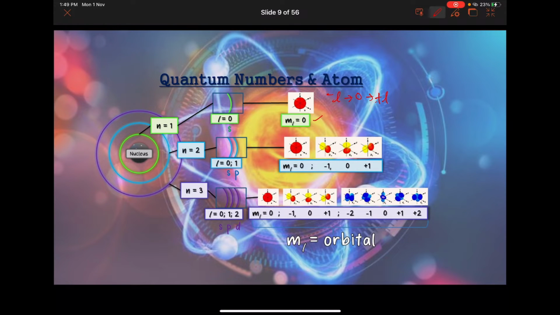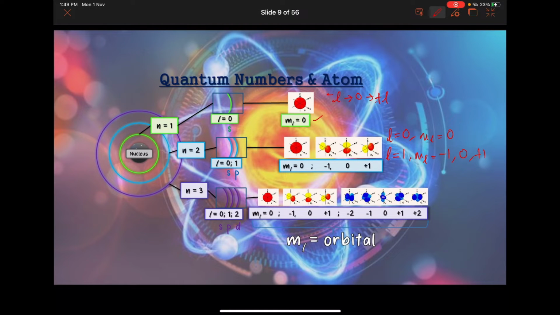For L 0 and 1, we have different types of ml. For L is 0, ml is 0, while when L is 1, ml is equal to negative 1, 0 and positive 1.